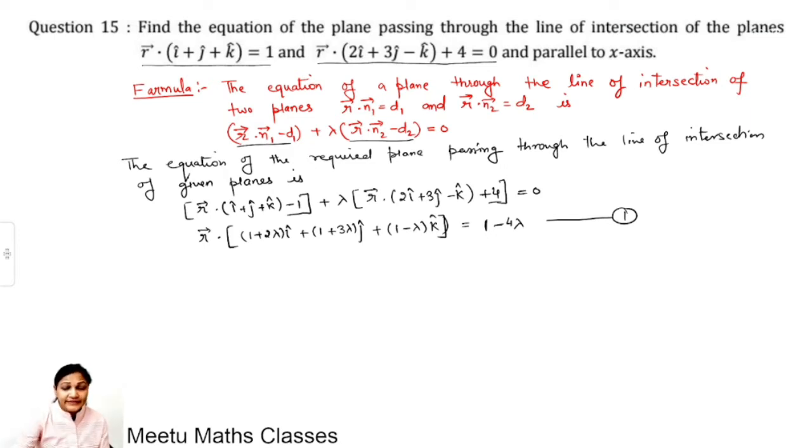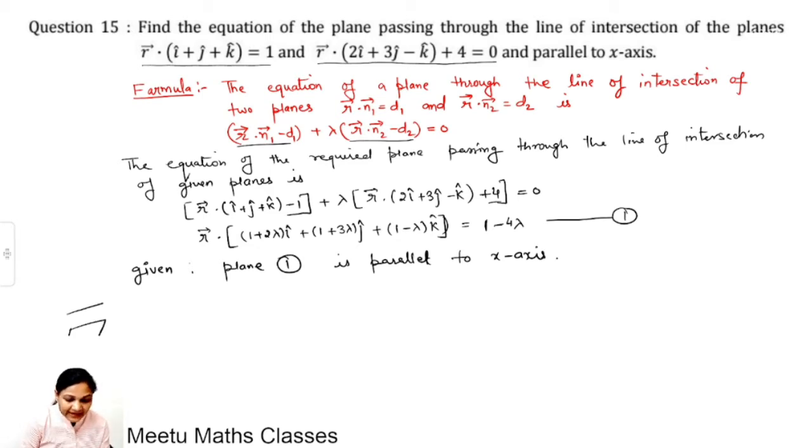Now we are given that the plane 1 is parallel to x-axis. So if a plane is parallel to x-axis, this is x-axis, that means the normal to the plane is perpendicular to x-axis.